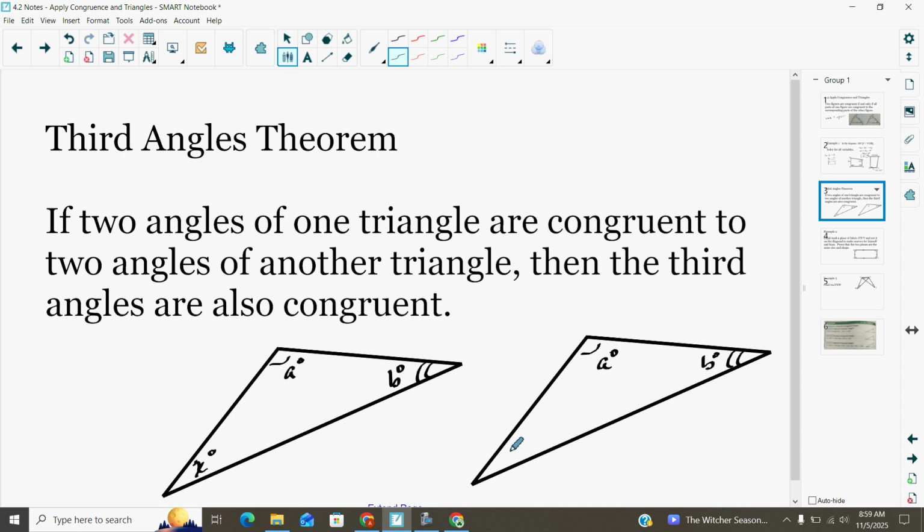This one's going to be X and this one's going to be Y. Well, we know if we add up the angles here, A plus B plus X, these angles add up to 180 degrees. And we also know these angles, because they are the interior of a triangle, those also add up to 180 degrees. A plus B plus Y is 180.